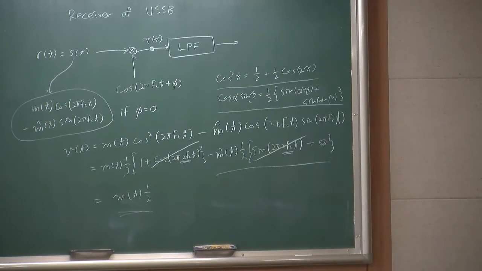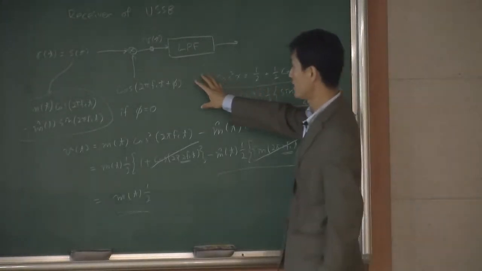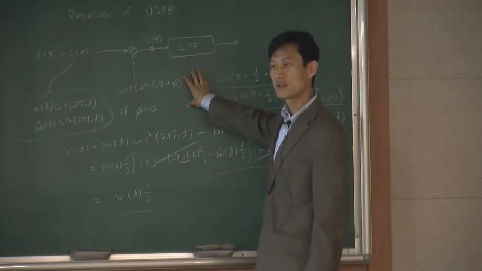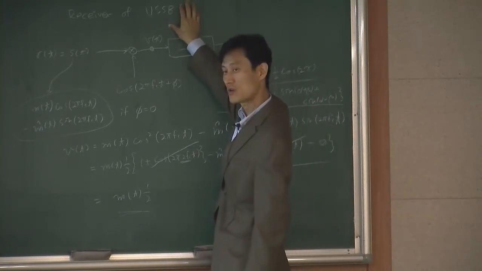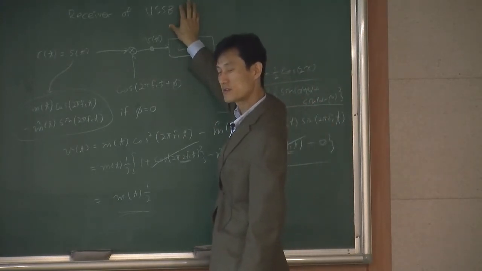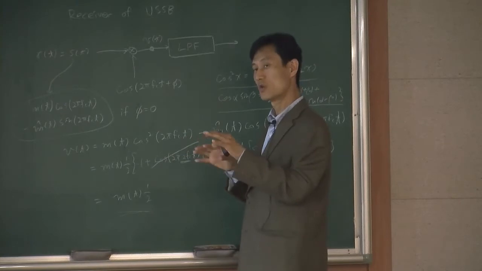I just talked about the coherent detector here, but for the DSB, you know that there's a Costas receiver. Then what about the upper sideband? Can you use a Costas receiver for the upper single sideband? Of course. So for the receiver, it's no difference.